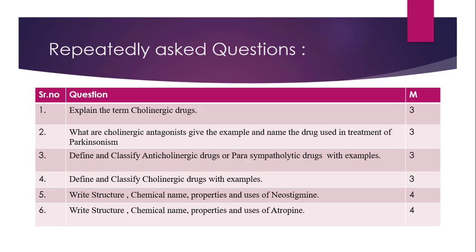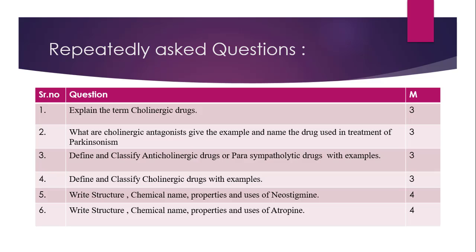Their proper definition, then examples, then name the drug used in treatment of Parkinsonism. This is an adjoint question to the what are cholinergic antagonists question. So name the drug used in Parkinson's. We are going to see ahead what types of questions are asked: name the drug used in treatment of this and that.